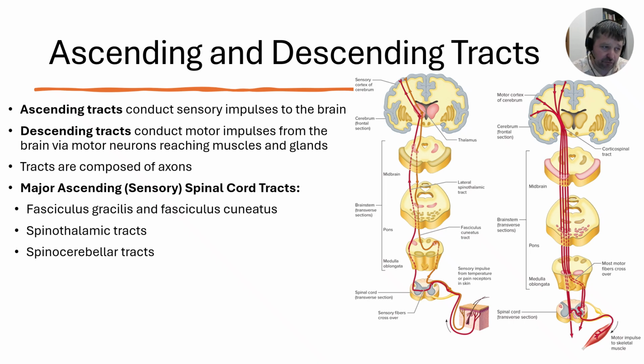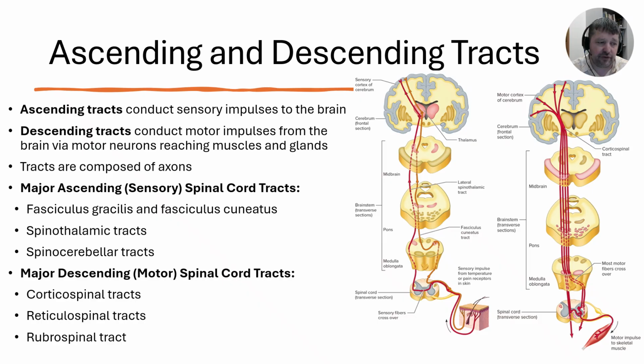Okay, so major ascending. There are three major ascending tracks. We'll look at the role that each one plays. Not going to spend a huge amount of time on this, but the spinothalamic track is for pain, and we'll cover these here in a second. And then you've got major descending.